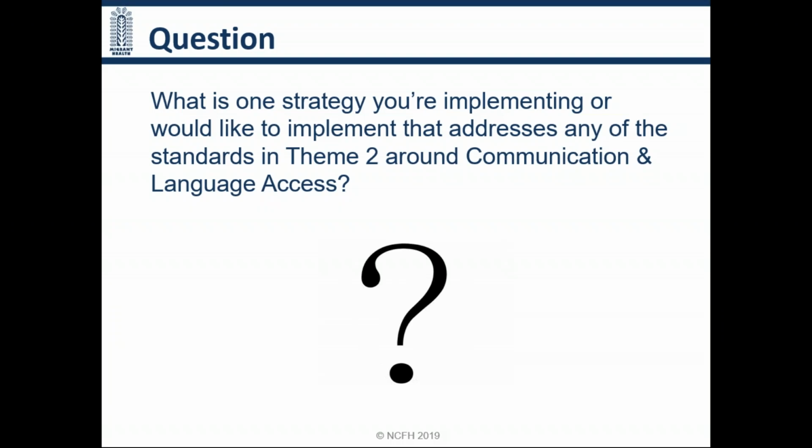Great question. Who in the audience is dealing with this in your health centers, and how do you go about doing that? I'd like to hear your responses first, see what you're doing, and I have some ideas.